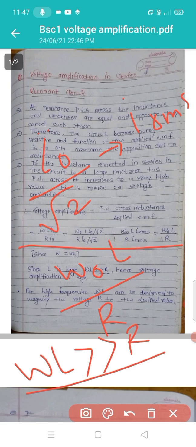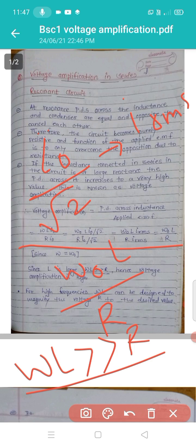This procedure is used to tune a radio or television receiving set to a desired station sending a signal at a particular frequency. The circuit is therefore known as the acceptor circuit.